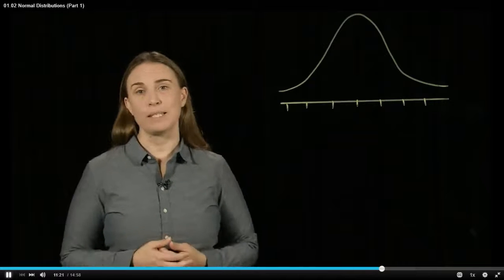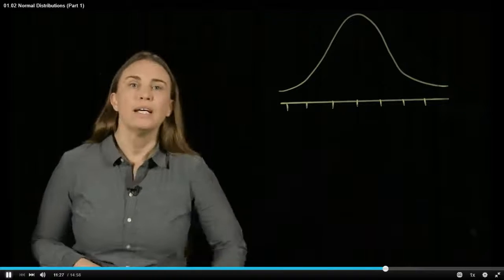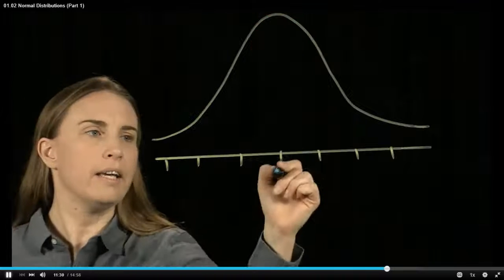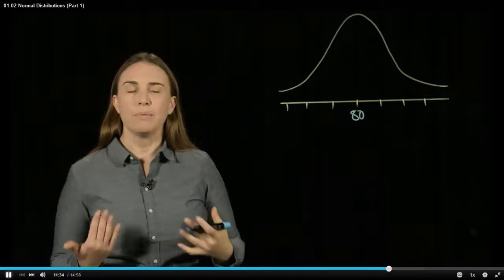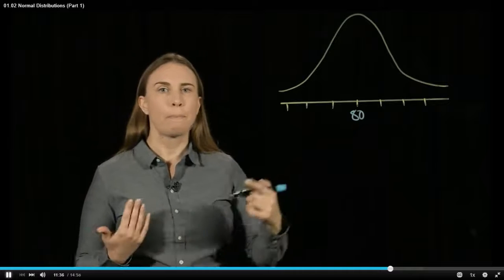Let's look at how we would solve this problem. First, we'll label the normal curve with the mean and the standard deviation amounts. Since the mean is 80, we'll put in 80 right at the center of our normal curve. And then we'll label the standard deviations.